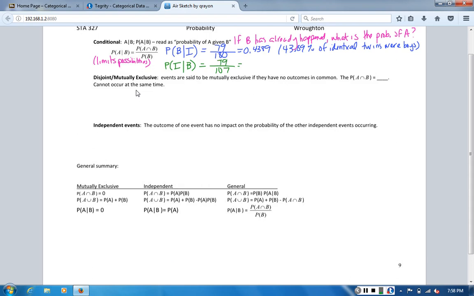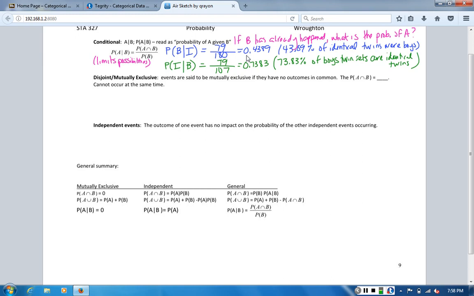So calculation-wise here, we get 0.7383, which notice is very different than the other one that we found. So if we write out what this technically is, this means that 73.83% of boy twin sets are identical. So notice how flipping which one we know actually does change our interpretation.